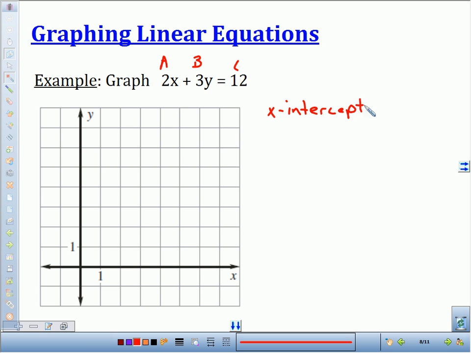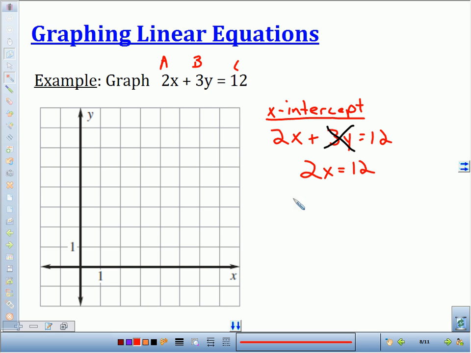To find the x-intercept, I can simply assume that y is 0. If I assume that y is 0, then 3 times 0 goes away. So if I'm finding the x-intercept, I will simply cancel out the y. That will leave me with 2x equals 12.